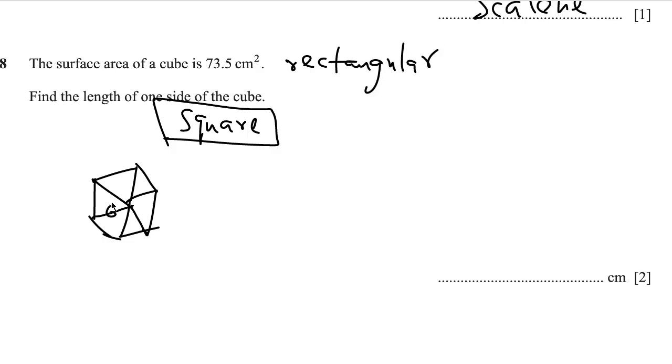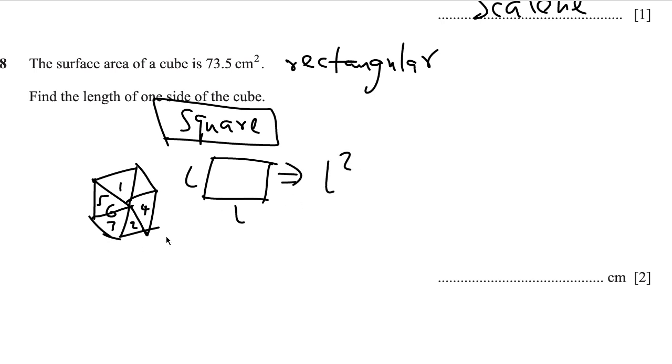So there are 6 faces, right? You have 1 up, you have 2, this is 3, this is 4, you have the 5 and then the 6th one by the side. So you have 6 faces, and each of these faces is a square of length L. I know that the area of a square is equal to L squared.